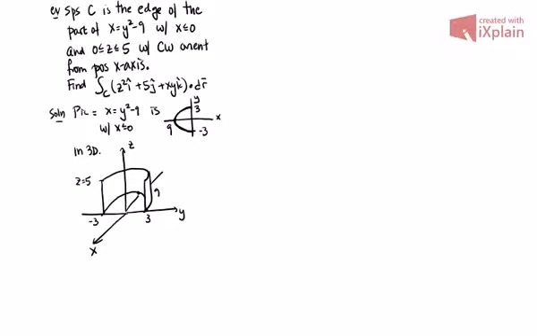Think of it as a bent piece of paper. This is sigma right here. It's the actual piece of paper. C is the edge of this, and it's clockwise from the positive x-axis, which means we're looking at it, and it's going to go clockwise. So the C goes along the top here. Let me thicken that up. It goes along here, goes down the side, it goes around the bottom, it goes up the left, and then joins up again. So that's C.